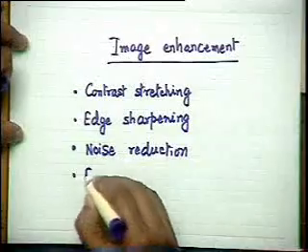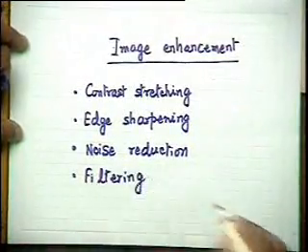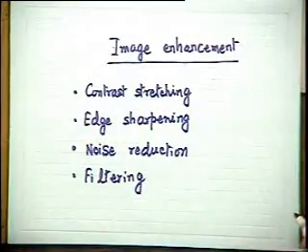And then, as I was telling you, image filtering also comes under image enhancement. Filtering means that we would like to filter out some of the unwanted features or details in the image, so that the portions which are wanted appear in a better way.